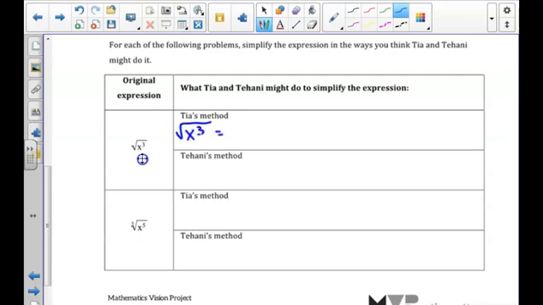If we're going to stick with radicals, then what Tia will do is rewrite x cubed. If we think about our properties of exponents, that would mean that I can rewrite that as x times x times x, because x times x times x is x cubed.